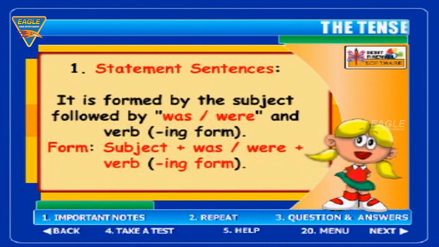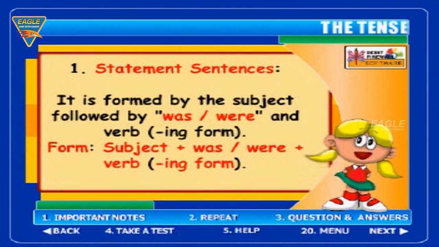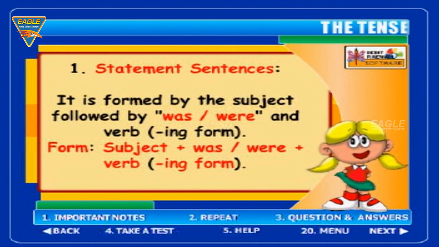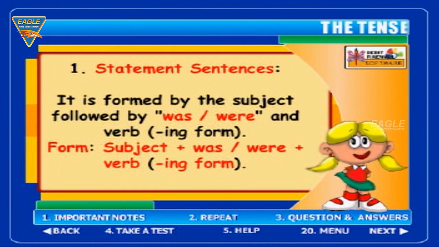Statement sentences. It is formed by the subject followed by was or were and verb, that is ing form. Form: subject plus was or were plus verb, that is ing form.